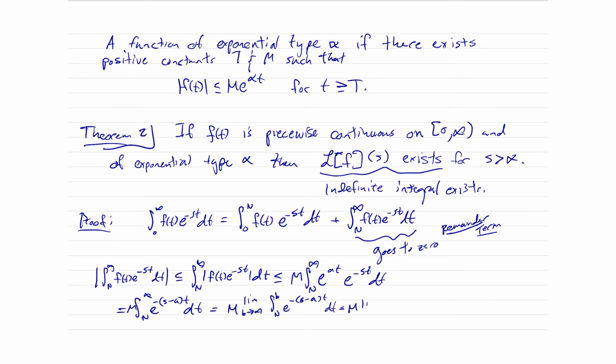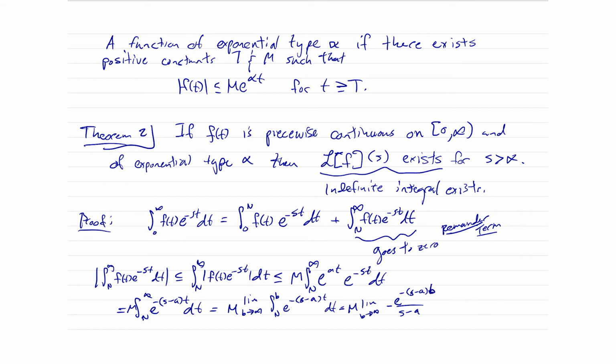So now we just perform the integral. We have e to the minus (s minus a)t over s minus a, at the cost of a minus sign here. There we go.